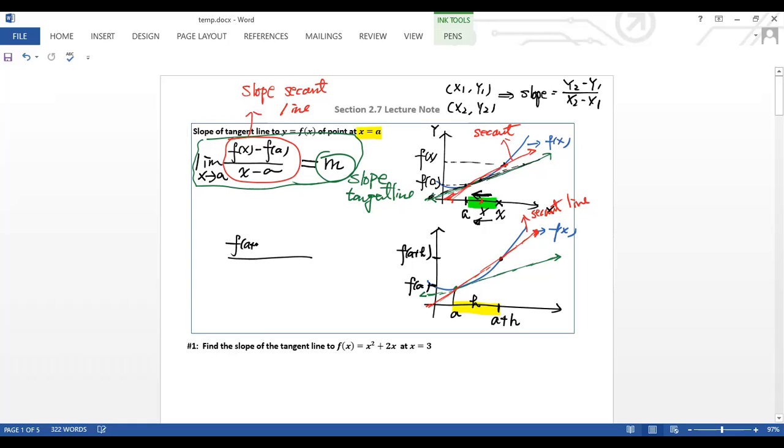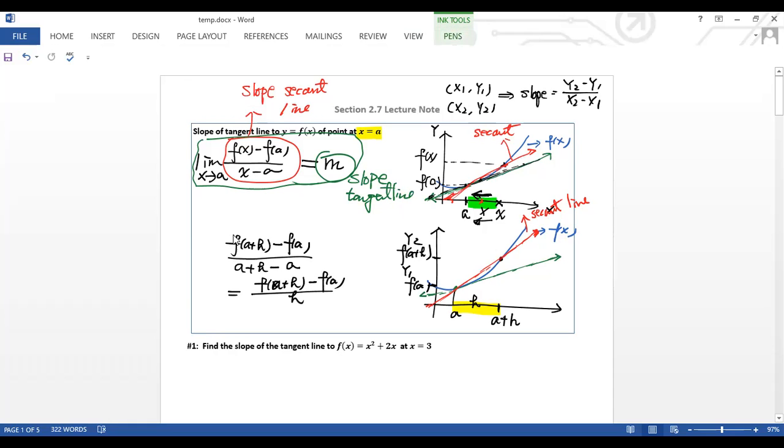It's y2 minus y1 over x2 minus x1. This is y2, this is y1. So it's a plus h minus a, and then f of a plus h minus f of a, over h, right?